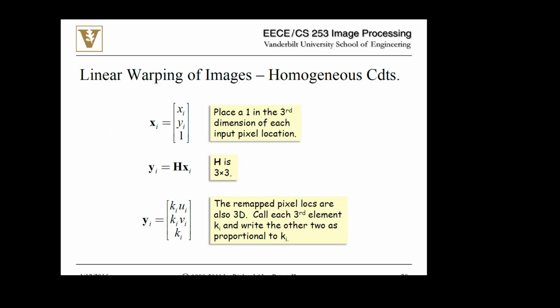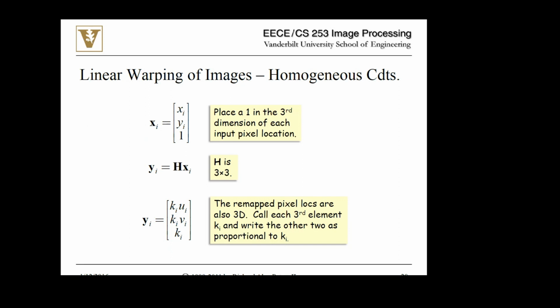This H will also be 3D, and then it will produce a 3D coordinate. This is 3 times 1, this one is 3 times 3, and then this will be 3 times 1. This expansion by 1 is called the homogeneous coordinates.